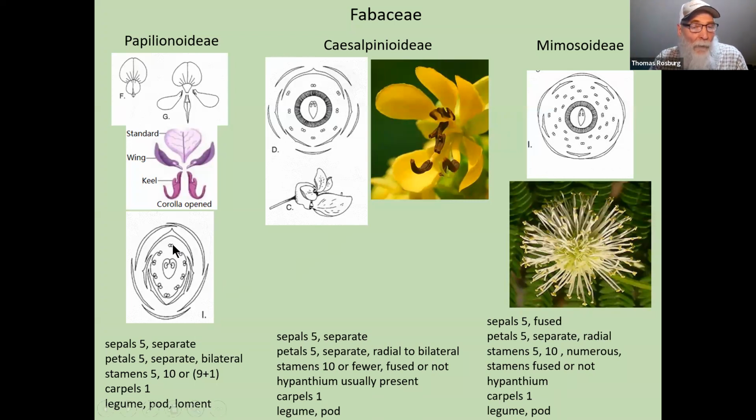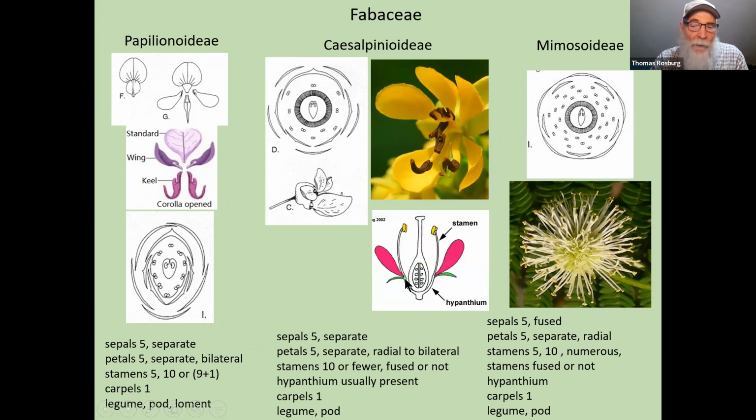And that's where the ovules are. It's where the seeds are going to be formed. But that simple pistil, single carpel, is common to all three groups. You can see that the Caesalpinioids and Mimosoids also have a hypanthium as a way to sort of separate them from the Papilionoids. A hypanthium is what you see in a flower that looks like this. It's that purple area I just highlighted.